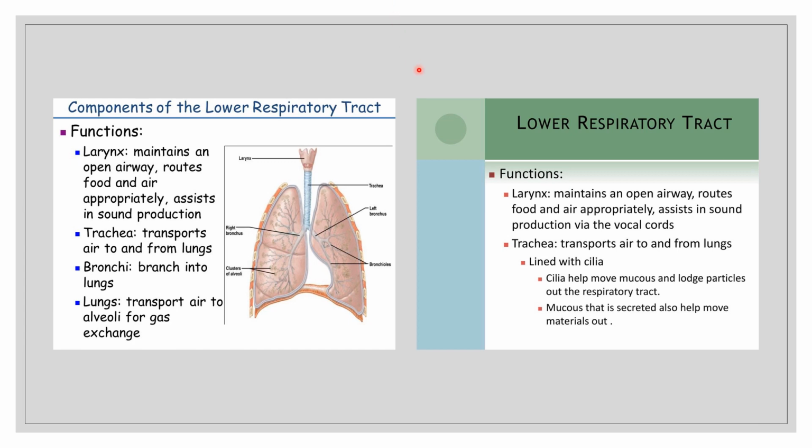So this is one important function: during swallowing, reflex contraction of the adductor muscles closes the glottis, and it prevents aspiration.